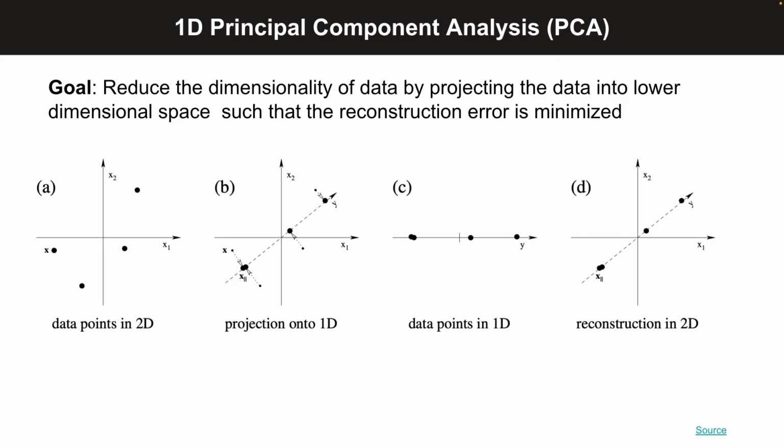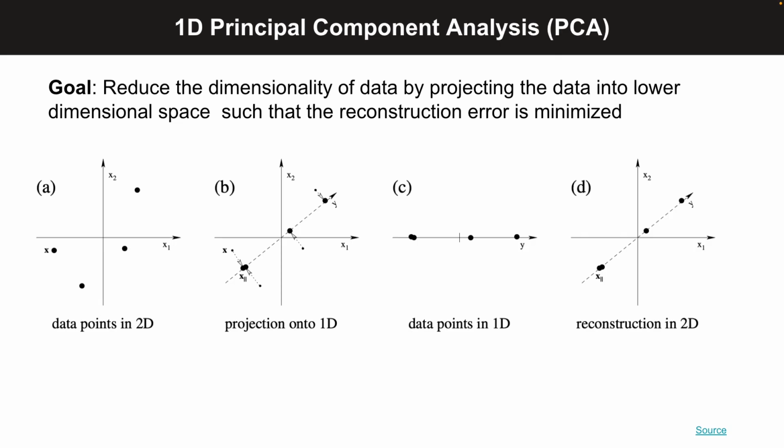You remember the angle of this line, and all you get back is this reconstruction. The reconstruction error is the distance between your original point and the reconstructed point. So these are your reconstructed points. That's the amount of error that you have suffered in the process.